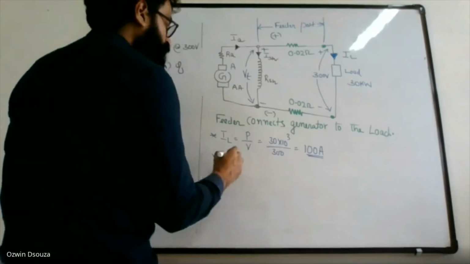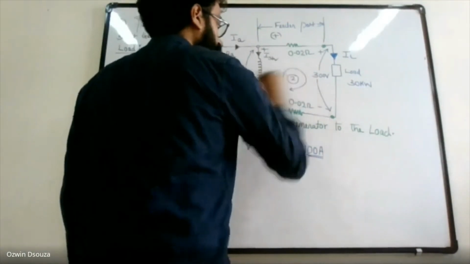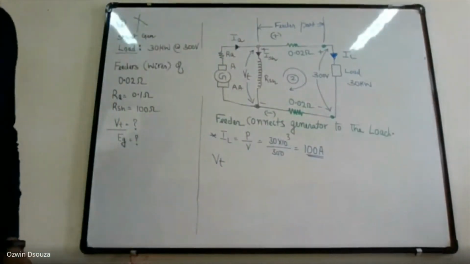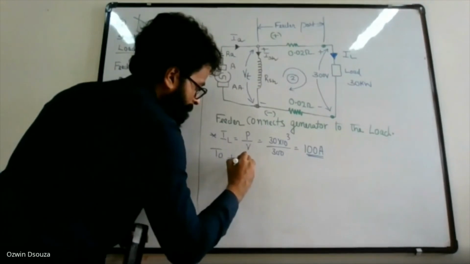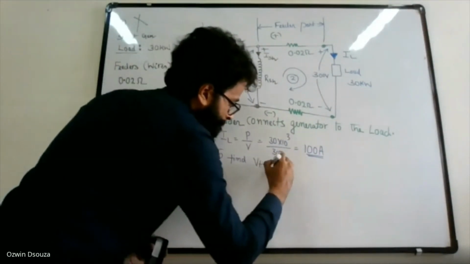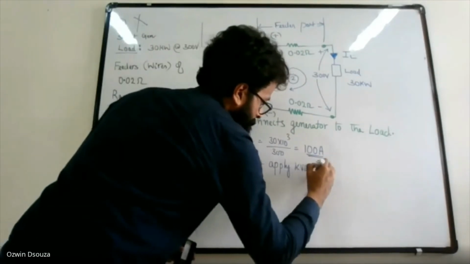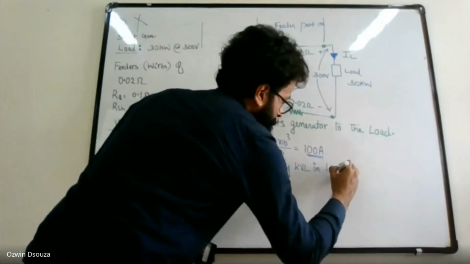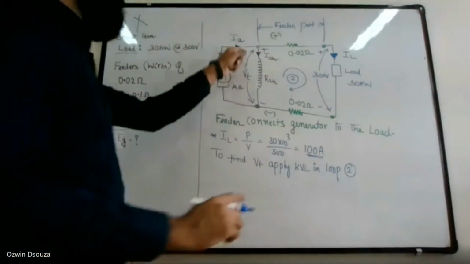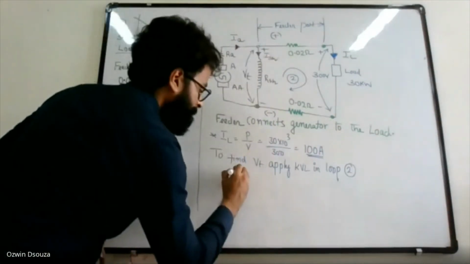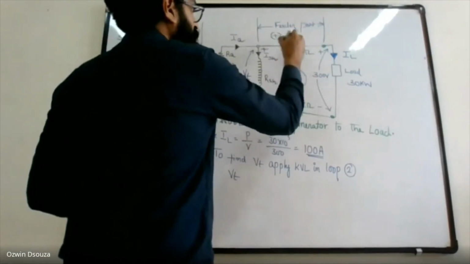To find VT, we can apply KVL in loop 2. Minus to plus VT, then plus to minus, because it's a drop.